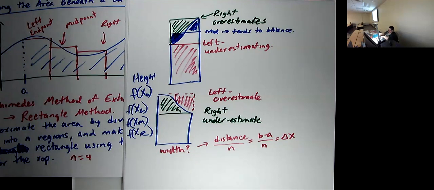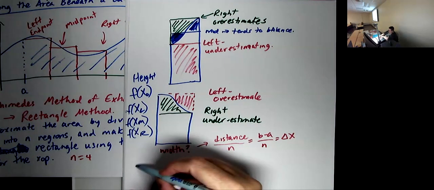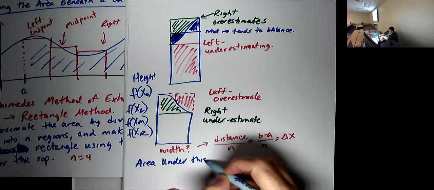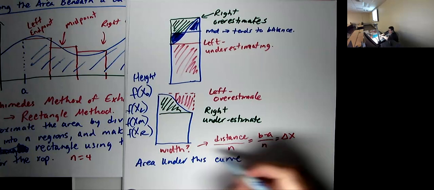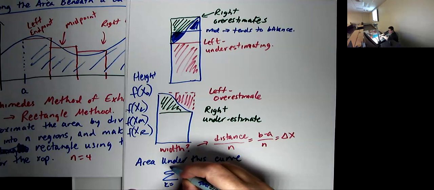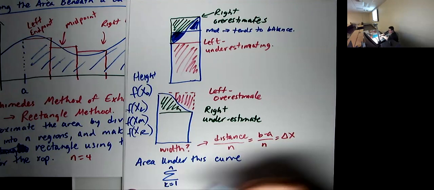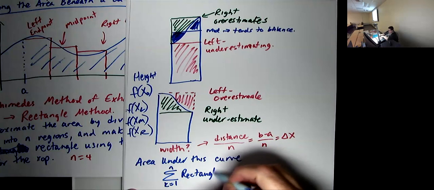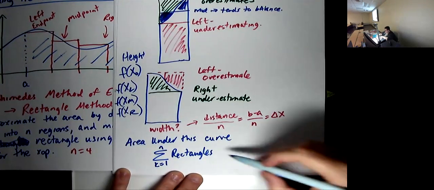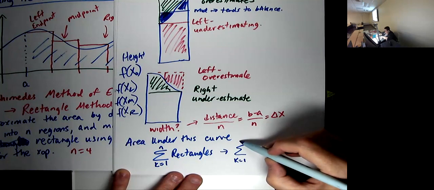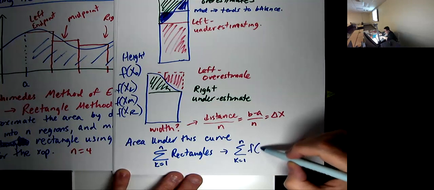And so we find the area under this curve by adding up k equals 1 to n rectangles. Which would be the sum from k equals 1 to n of f of x k.